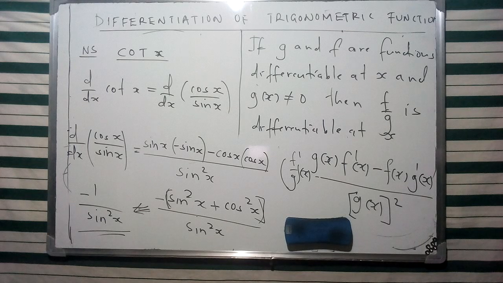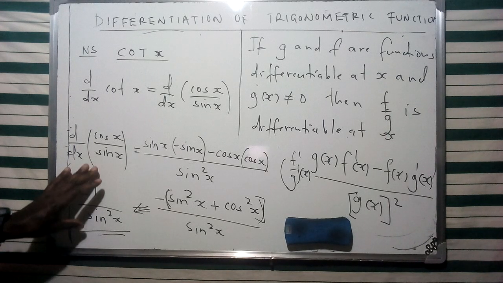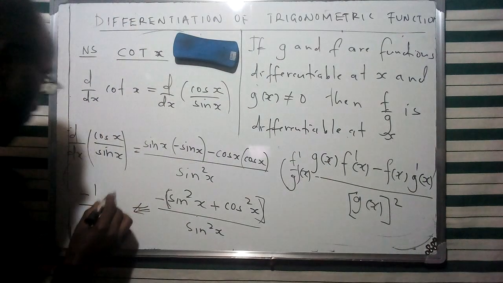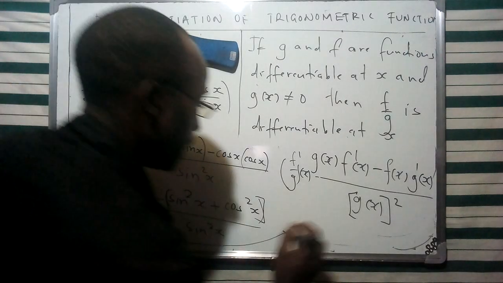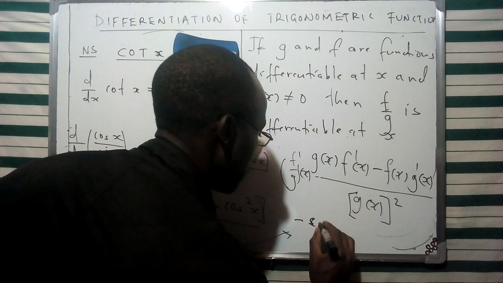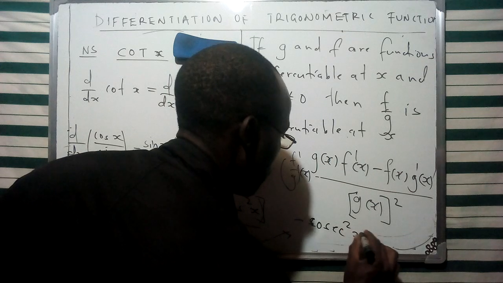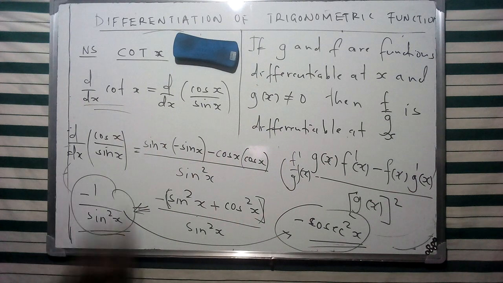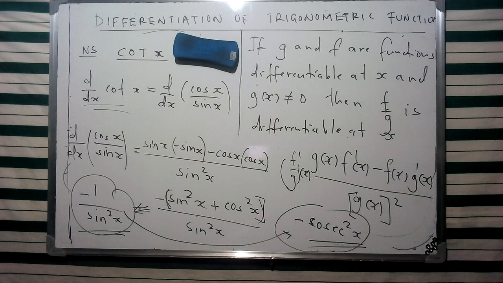So we have said that the inverse of the sine represents the cosec, and this is going to be the negative square. So this basically gives us negative the square of the cosec of x as our product for the derivative of the cot of x.